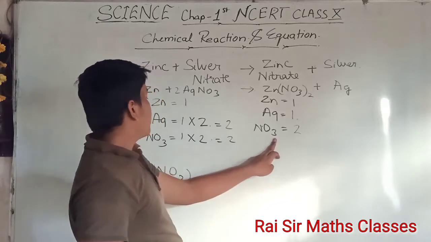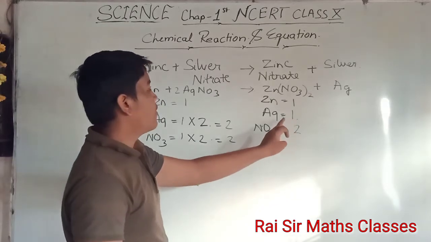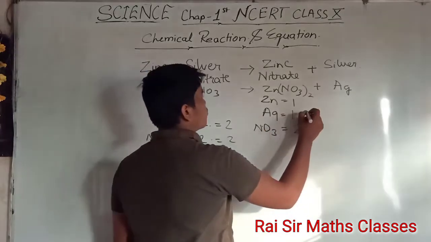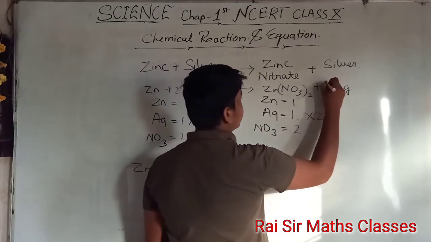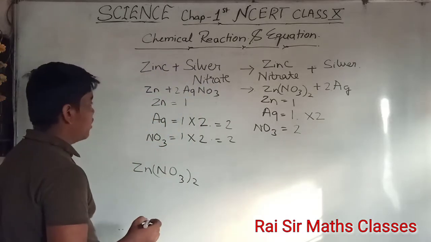Here we can see that our nitrate is going to be balanced. Now we have to balance Ag, that is silver. So we have to multiply it by 2 and we are getting like this. So I am going to write it properly.